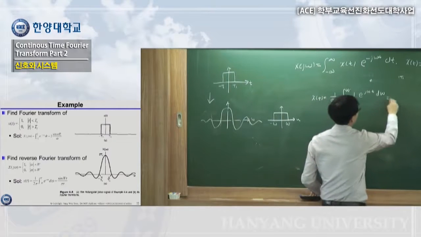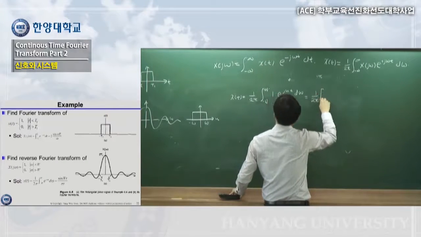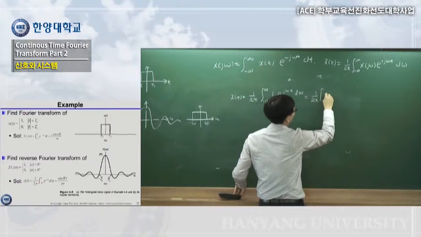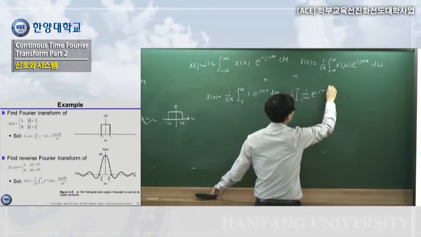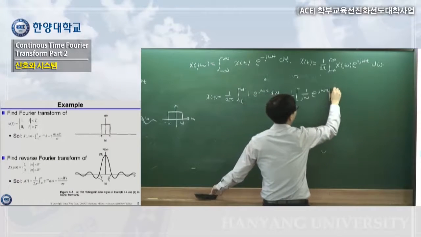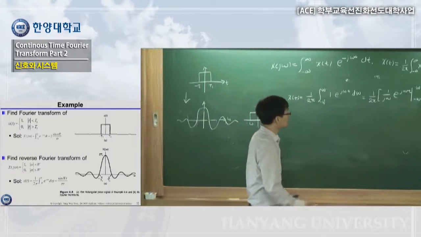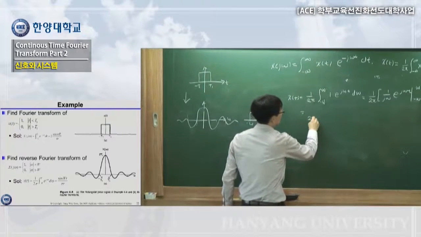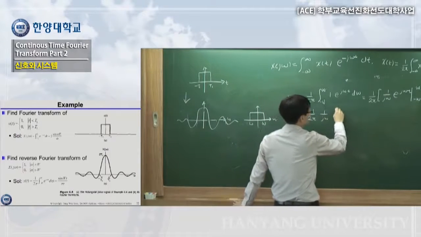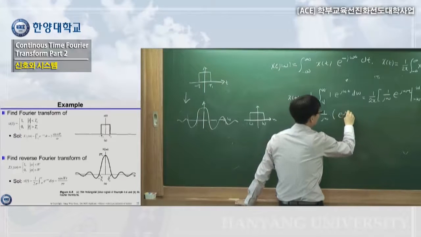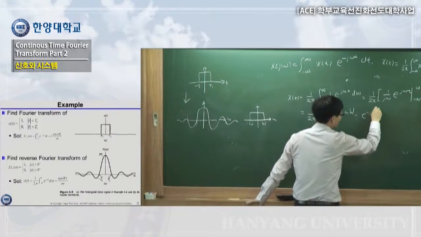And how do you calculate it? Likewise, 1 over 2 pi, we will have 1 over j t times e^(j omega t), from minus W to W. And you keep on doing that, 1 over 2 pi, 1 over j t, e^(j W t) minus e^(minus j W t).